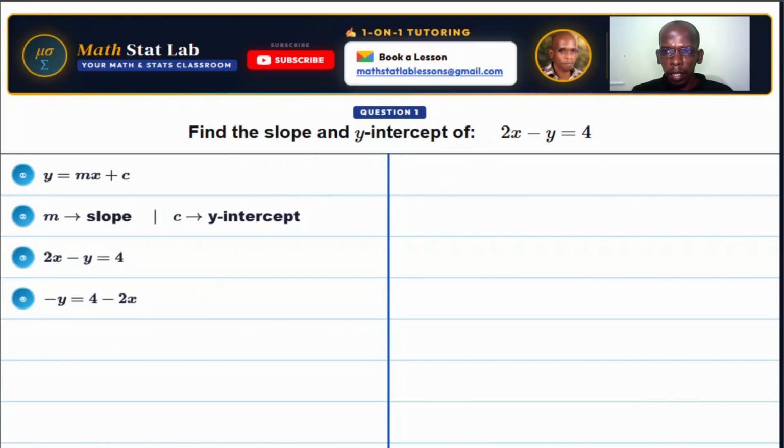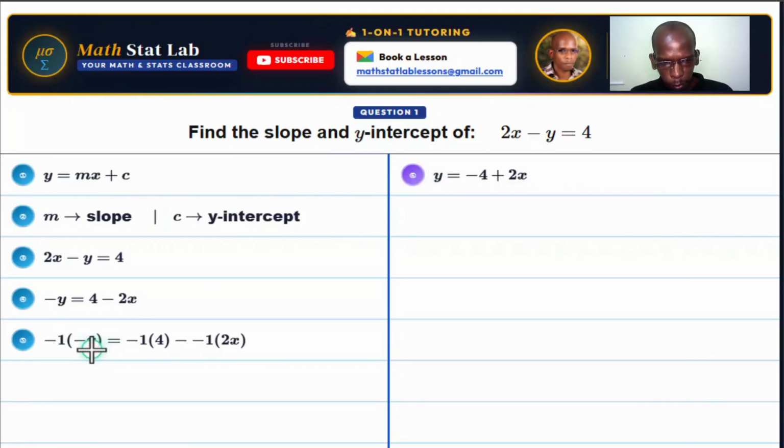So I go ahead and multiply everything by negative 1. It will be negative 1 multiplied by negative y is equal to negative 1 multiplied by 4, then minus this negative, negative 1 multiplied by 2x. And then from there, I can open the brackets. Negative 1 multiplied by negative y is positive y, because negative multiplied by negative is positive.